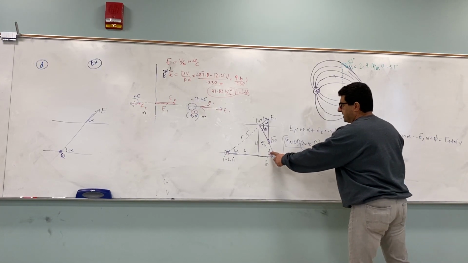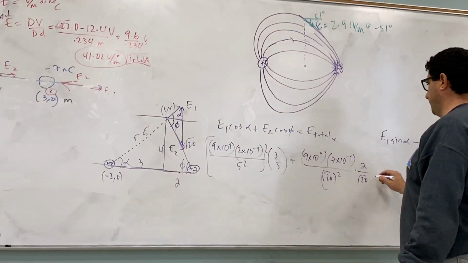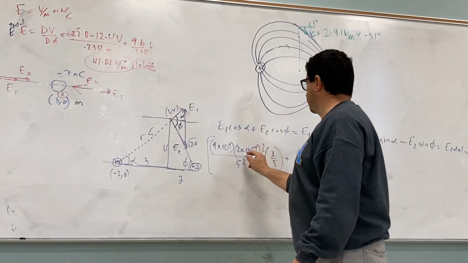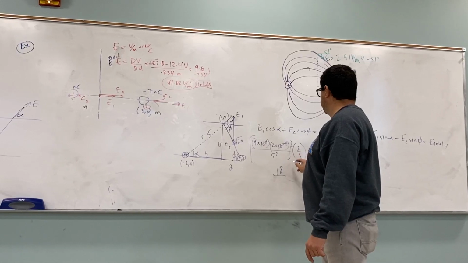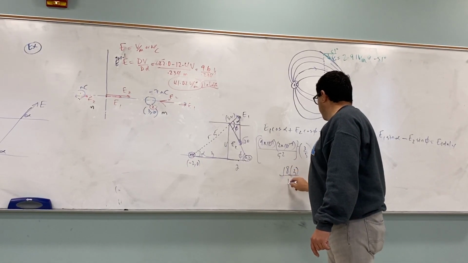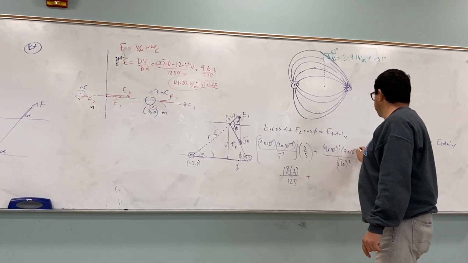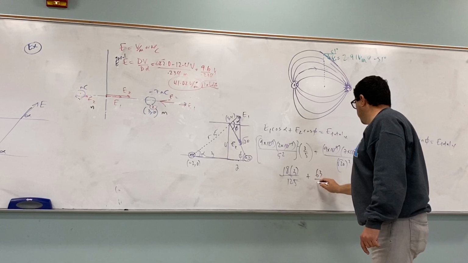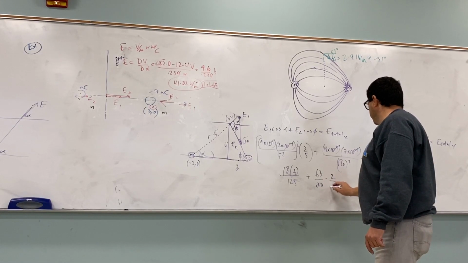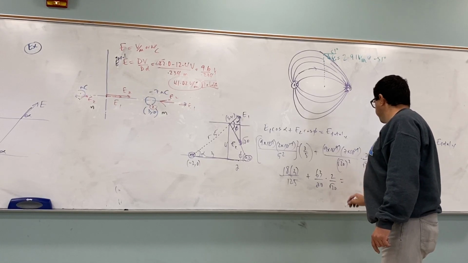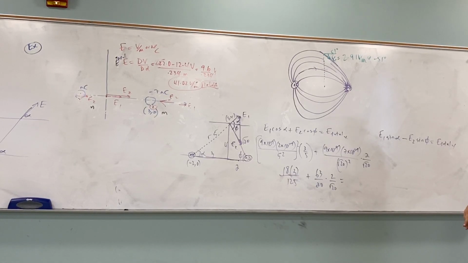So cosine phi is 2 over root 20. Okay, so this cancels, so 18 times 3 over 125, 5 cubed, plus 63 over 20 times 2 over root 20. That's going to give you E total X. Okay, let's calculate that.